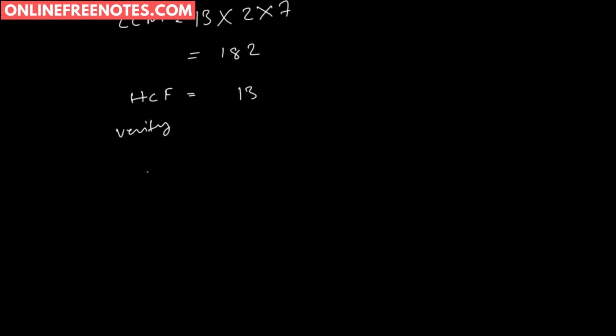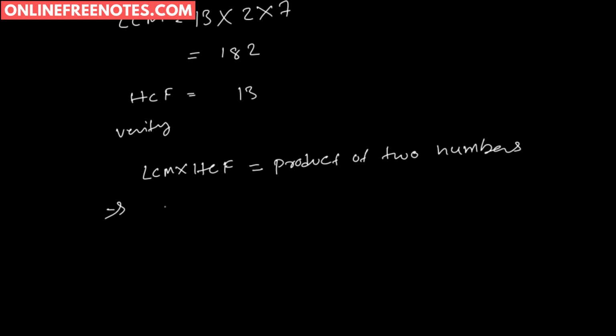So let's write the formula, which is LCM multiply HCF equals product of two numbers. The LCM is 182 and HCF is 13. The product of the two numbers: the two numbers that we have are 26 and 91.